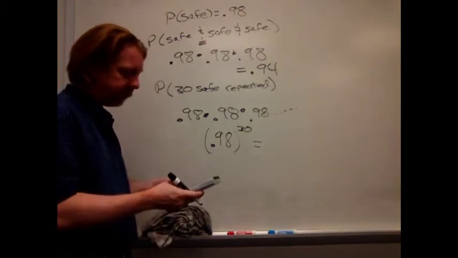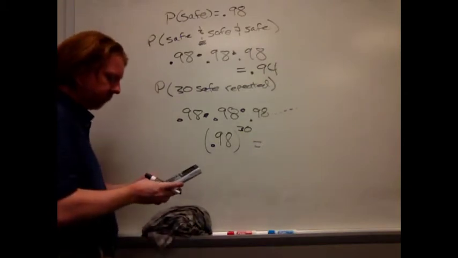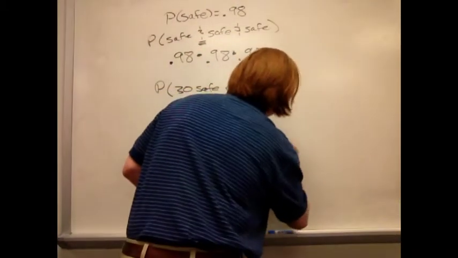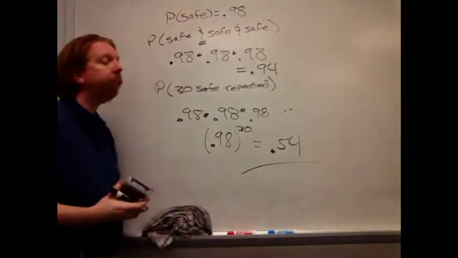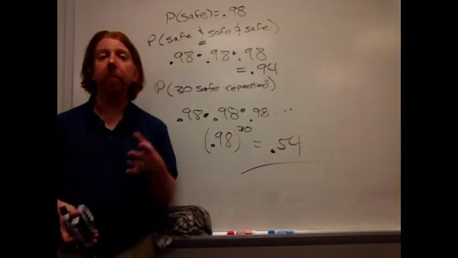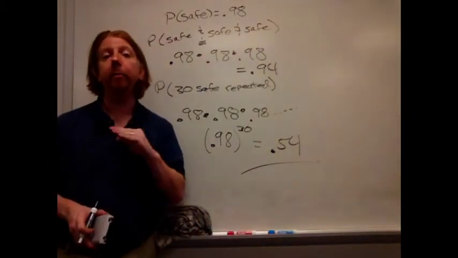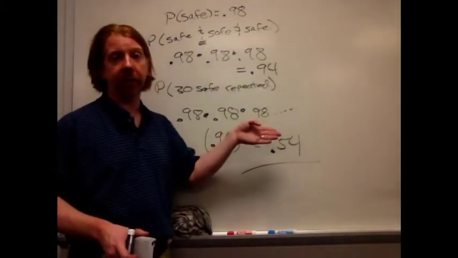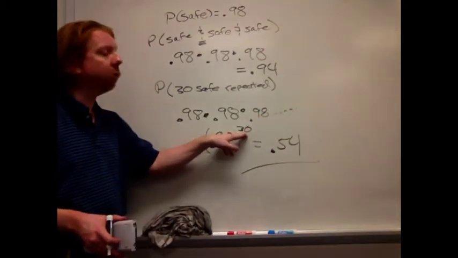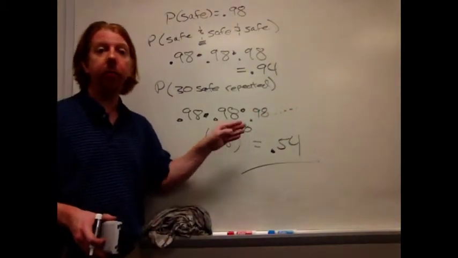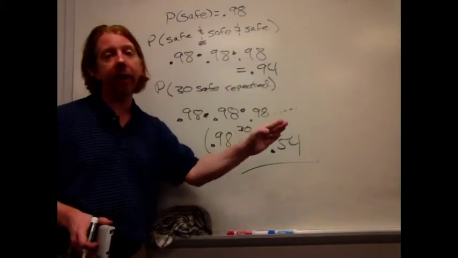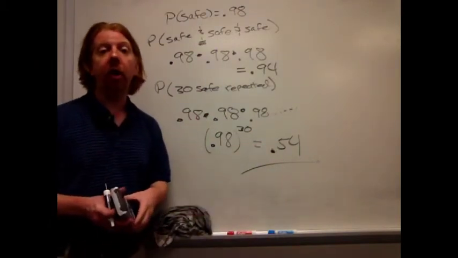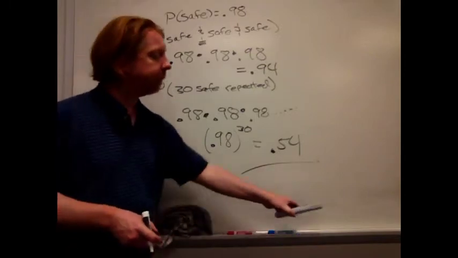So 0.98 to the 30th power, oops, not 3, 30th. That's .54, about 50%. Now that's the probability of going 0.98, and then 0.98, and then 0.98, a total of 30 times. Because remember, as I repeat my events, I have to take into account the fact that I'm taking the product of all of those events along the way.